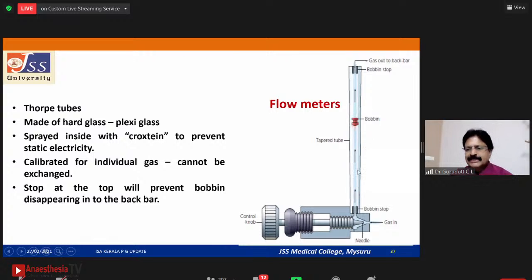Because of the tapering, you can have a longer distance for the lower flows, whereas you can decrease the distance between each of the readings for the higher flows. So overall, because of this tapering mechanism, you can reduce the length of the flow meter. This is what the examiner will expect. If they ask why the tapering has to be there, you have to say: in order to reduce the length of the flow meter.